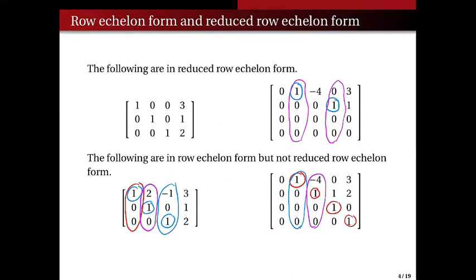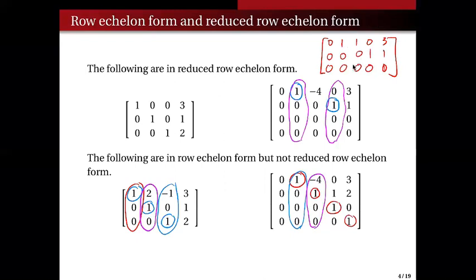Now, there's a possibility that you will see this kind of matrix. Say 0, 1, 1, 0, 3, 0, 0, 0, 1, 1, and then 0, 0, 0, 0, 1. Let's make this 0 also.